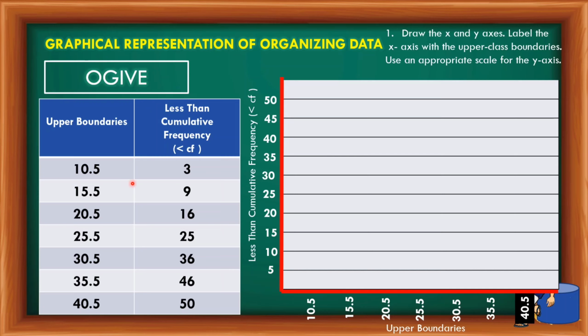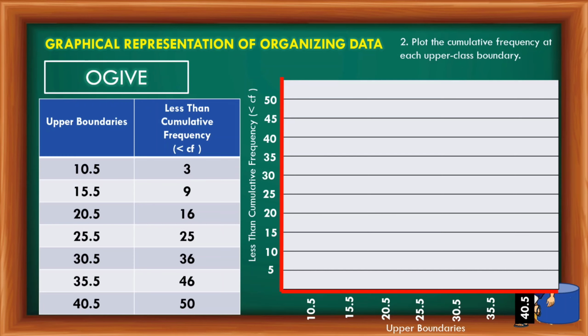Kaya yan, 10.5, 3. So, 10.5, 3 dito mapupunta. Okay. Next is 15.5, 9. So, 15.5, dito yung 9 kasi ito yung 10 sa banda doon. Then, 20.5, 16. Ang 16, ito yung 15, so banda dito. We have that point. Next is 25.5, 25.